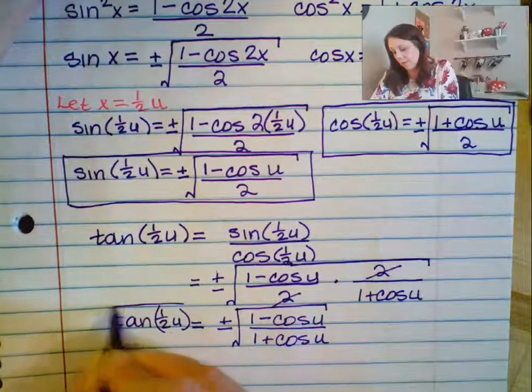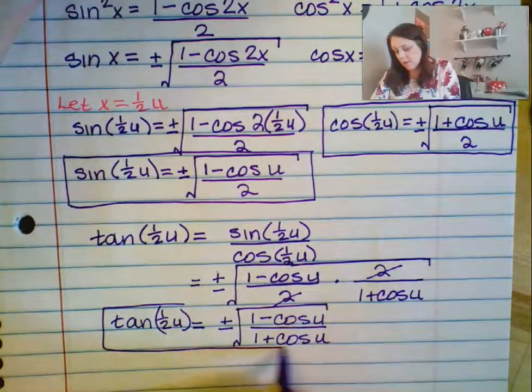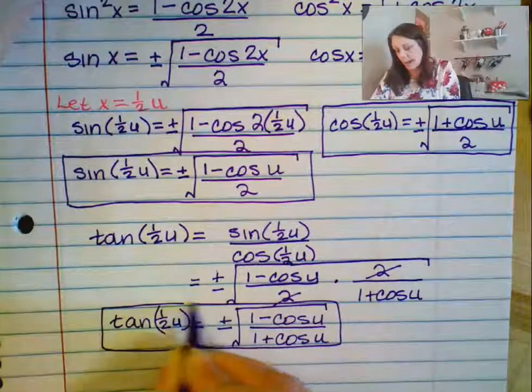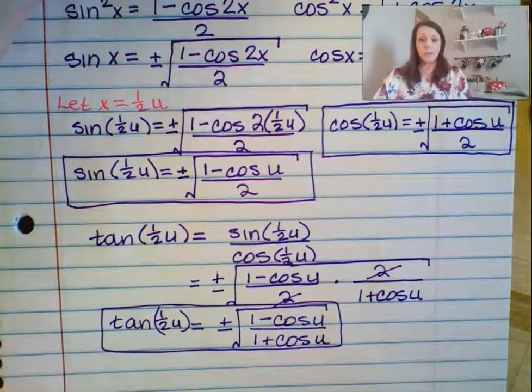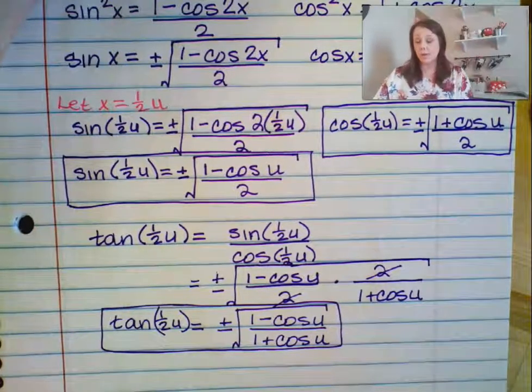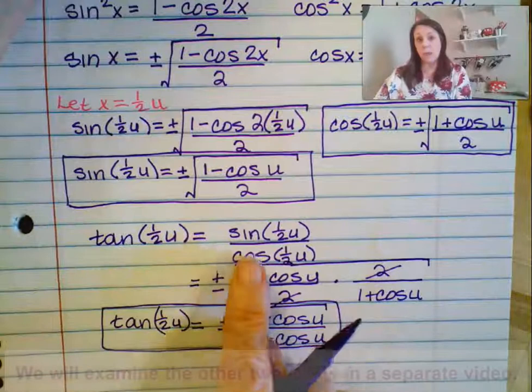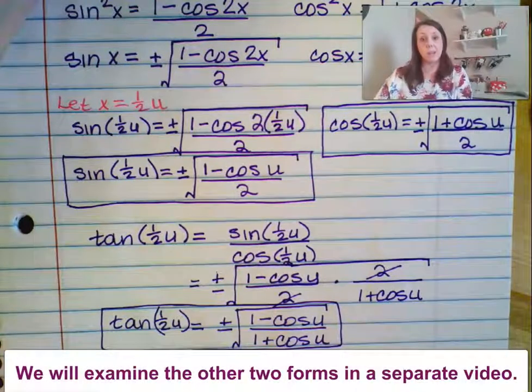And that is one of the variations for the formula for tangent 1/2 u. So that's one of the 3 that exist for the tangent of 1/2 u, just simply formed by that quotient relationship, sine divided by cosine.